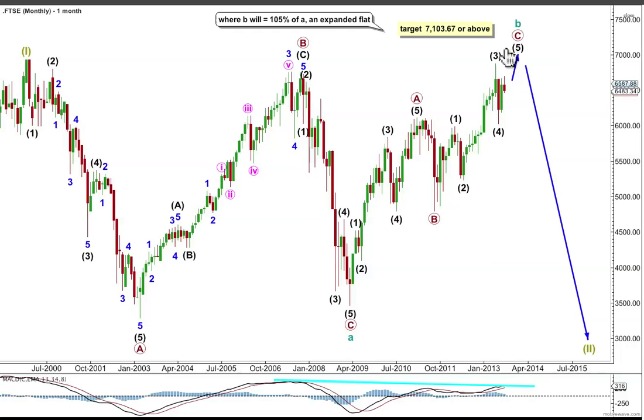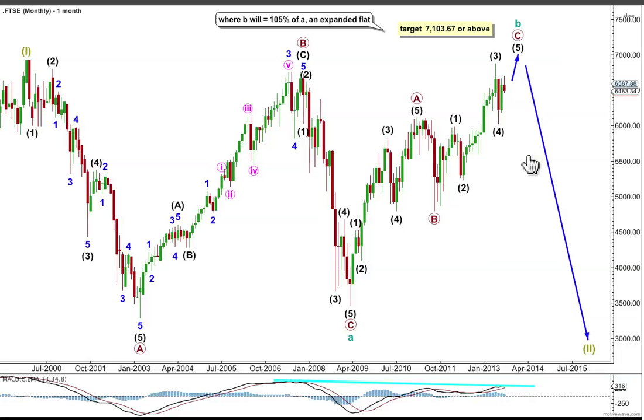So the length of the next piece of upwards movement I am expecting will give us a strong indication as to what to expect and what target we should calculate for the next downwards wave, which should last 1 to several years, but we're not there yet.